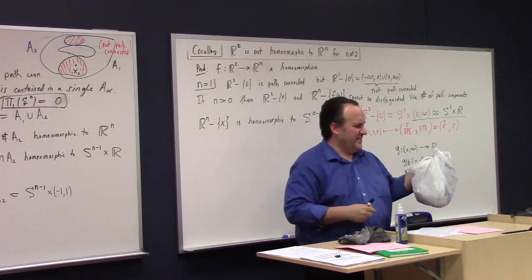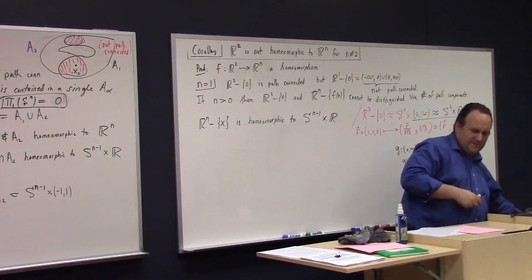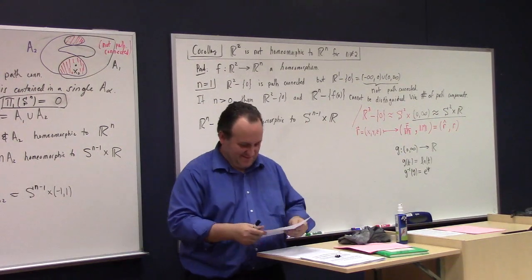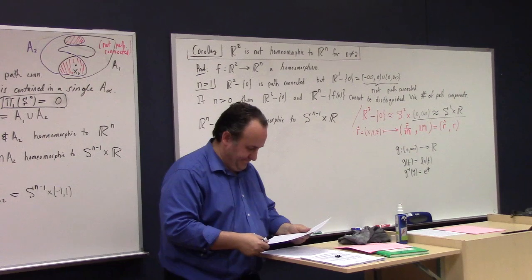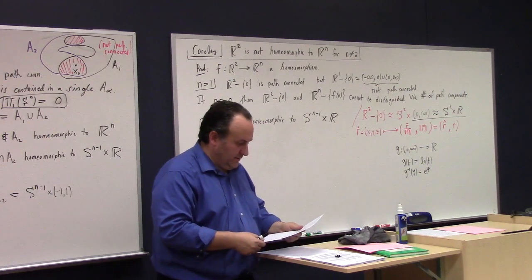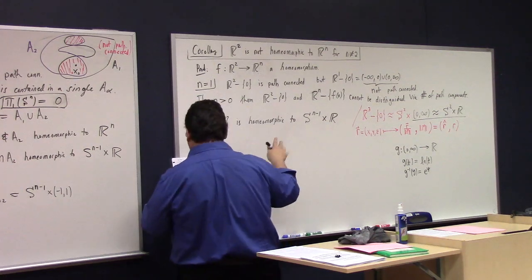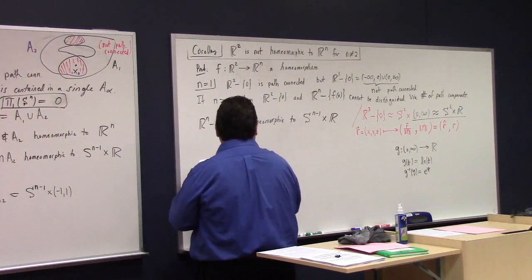I should have taught you guys that part of topology. It's easier, well, it's easier right up until you ask the wrong question. Anyway, where was I? Okay, so this is homeomorphic to that. Great. And then what?